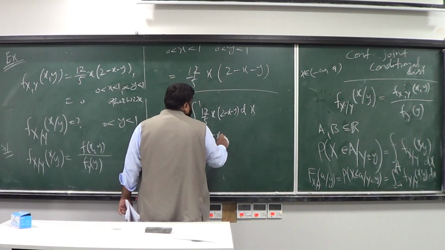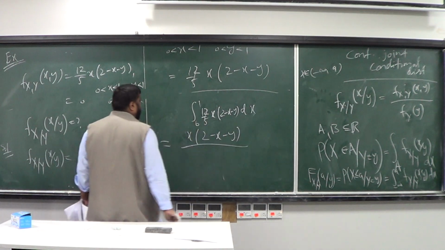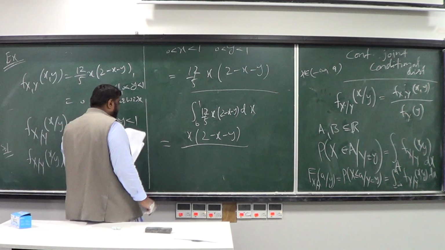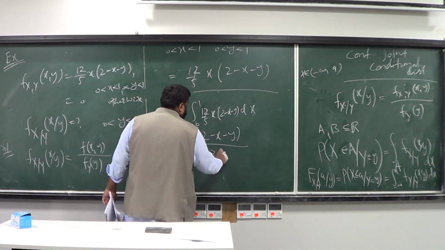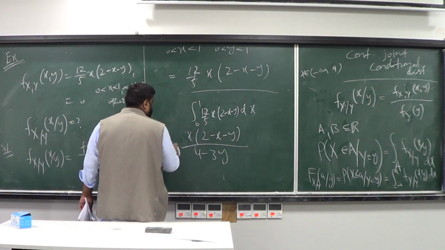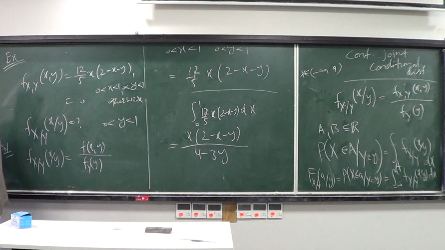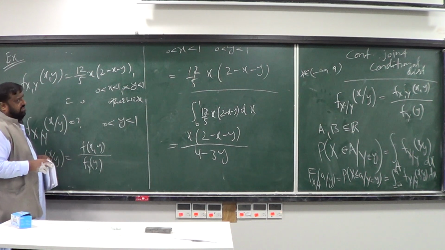Given this integral, you can solve it yourself, it is going to be equal to 4 minus 3y. So this is the marginal PDF of y when y is in the interval 0 to 1 actually.